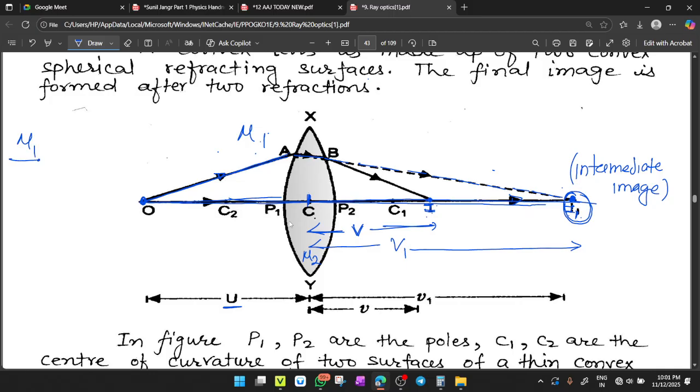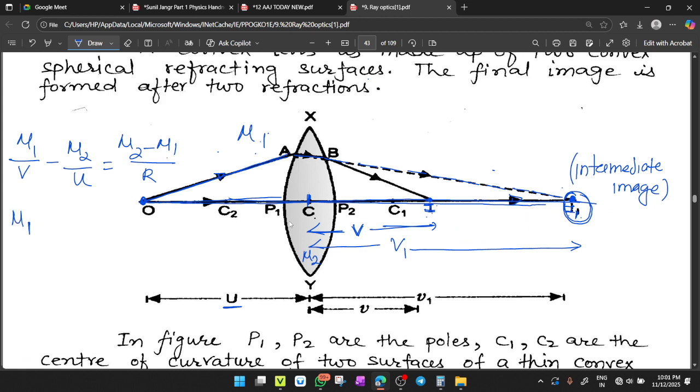It was mu1 upon V minus mu2 upon U equals mu2 minus mu1 upon R. Yes or no? This was the formula, so use this formula here.